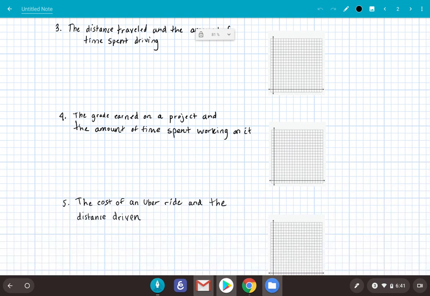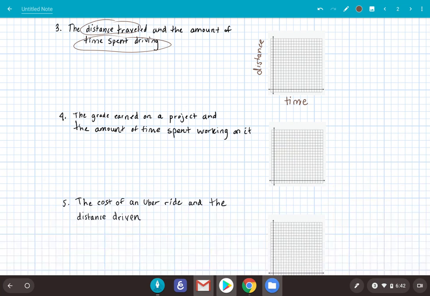In this case, we've got the distance traveled and the amount of time spent driving. So we've got two quantities. We've got distance traveled and we've got time spent driving. So it depends. The distance we travel is going to depend on how long we've been driving. So you could say that we were driving for an hour, then we went a certain amount of miles.